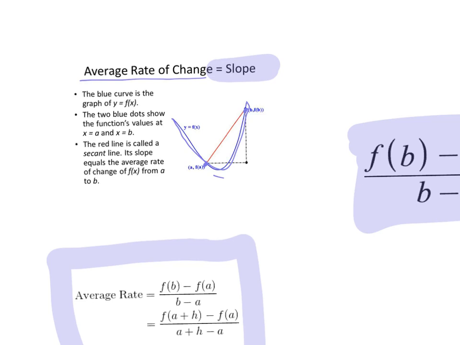It's the measure of how much the function changes per unit over that interval. It's derived from the slope line, because we have this red line going across here. Essentially what we are doing is finding the slope of that line, because that is going to give us the average rate of this change, or of this difference.